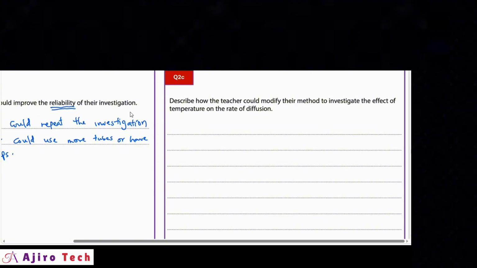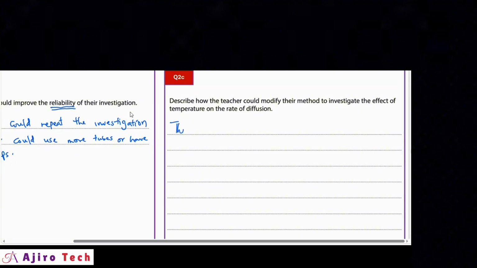Temperature will now be varied. You can say the teacher will have to have 2 different temperatures, one representing high temperature and the other representing low temperature.